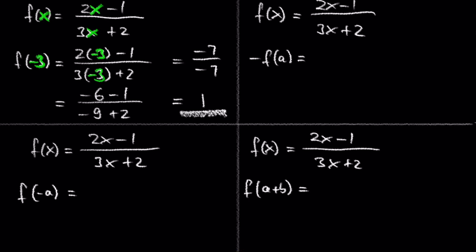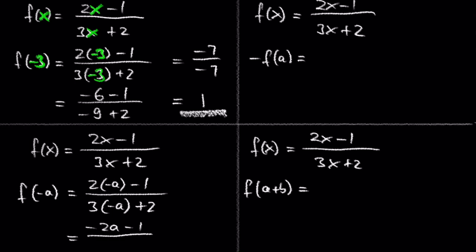In the next example, we have to plug in negative a. This is also very simple. Everywhere we see an x, we plug in negative a. So we can write f of negative a equals (2 times negative a minus 1) over (3 times negative a plus 2). 2 times negative a is negative 2a, and 3 times negative a is negative 3a.